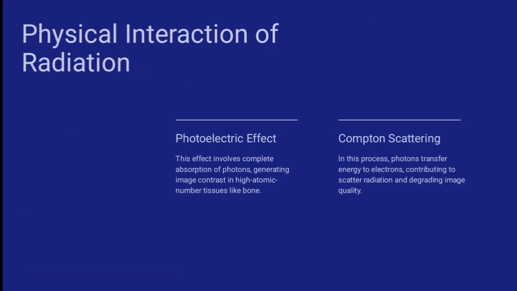And then pair production occurs only at very high photon energy above 1.02 MeV, and is relevant mainly in high energy radiotherapy beams. The interaction generates secondary electrons, which are primarily responsible for depositing energy locally in tissue.